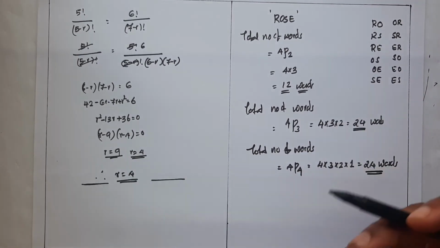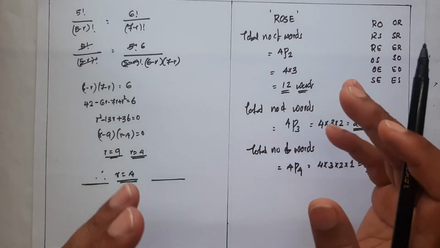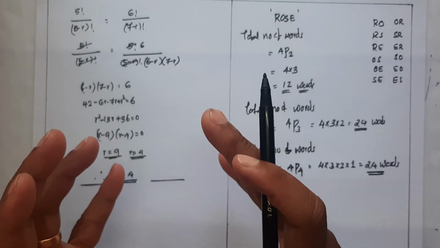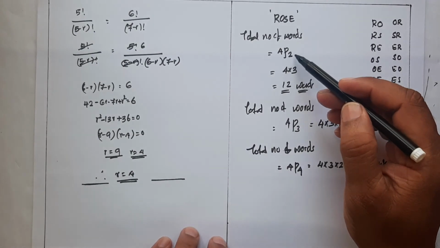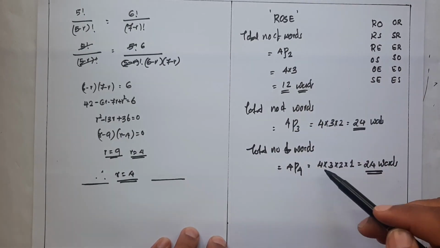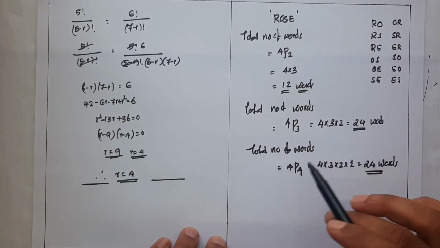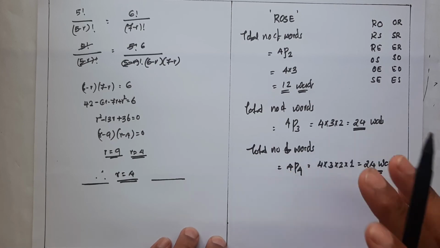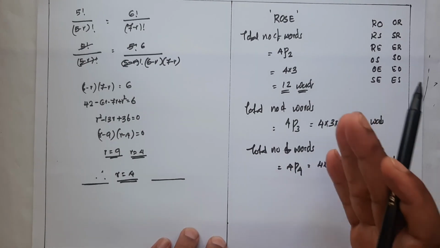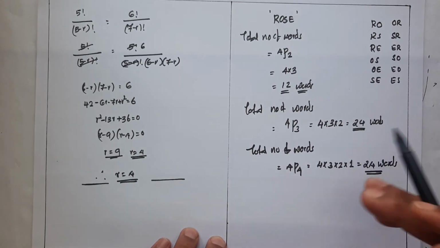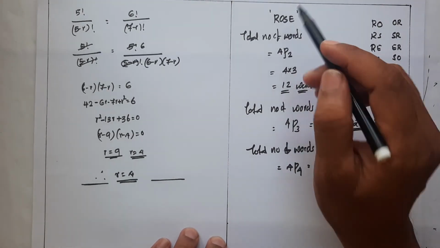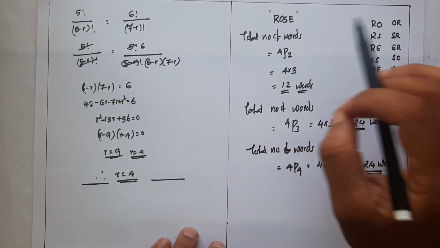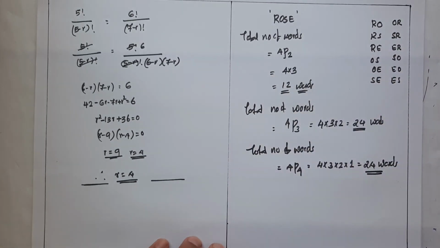And how many 4-letter words, that is all at a time. Our definition says arrangement of n objects taken r at a time or all at a time. Here r corresponds to 2, here r corresponds to 3, and here it is all at a time. In the last case we use this method for all at a time, because that means using all the letters of the word ROSE, how many words can be formed?